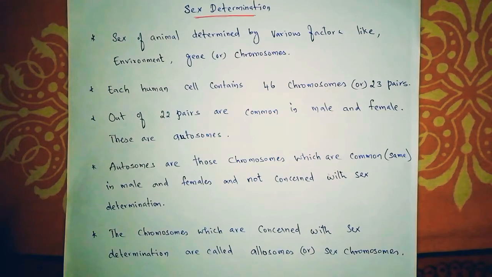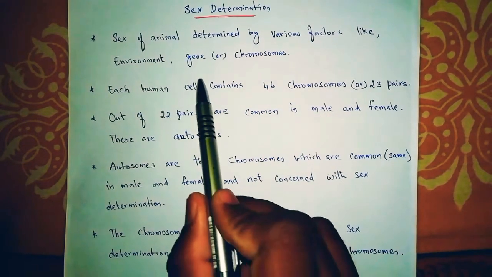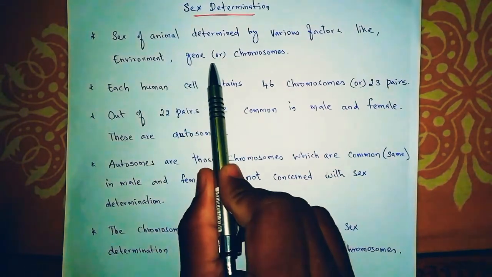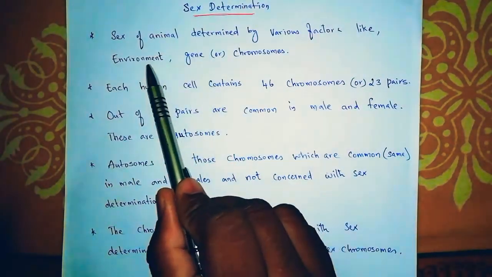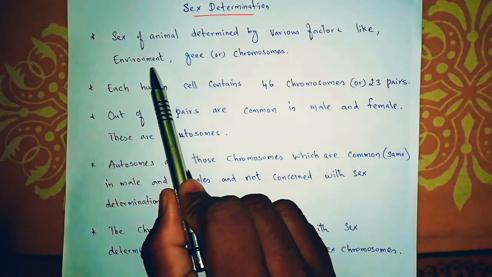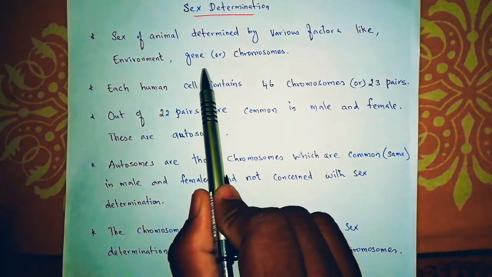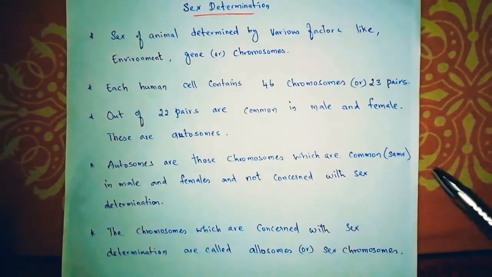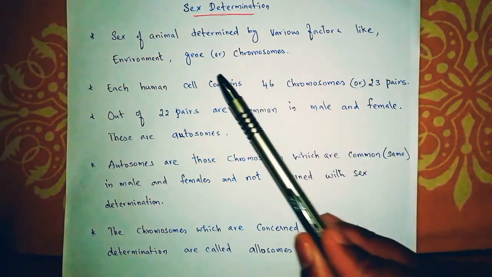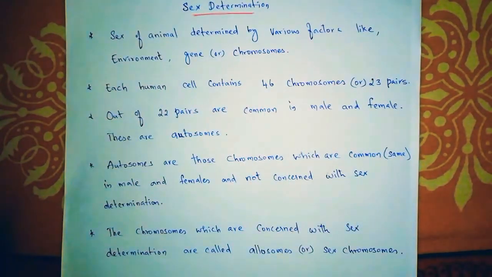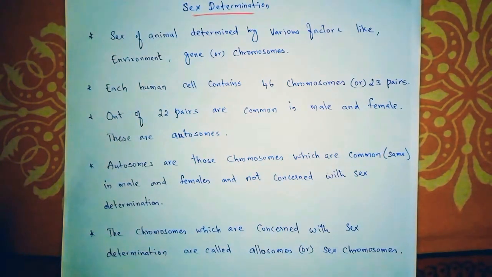In human beings, the sex of an individual is largely determined genetically, not by environment. For humans, the sex of a newborn is determined only genetically. So that is what we are going to learn here.